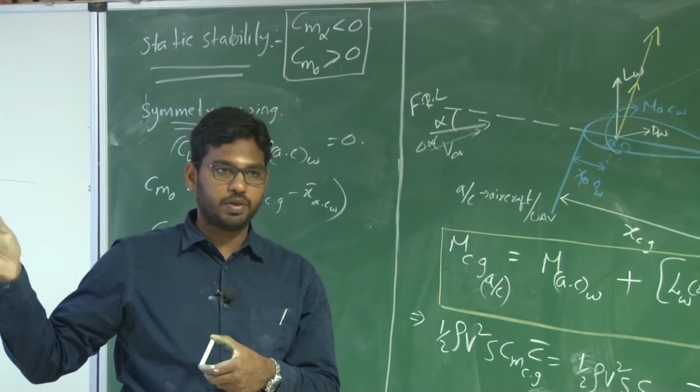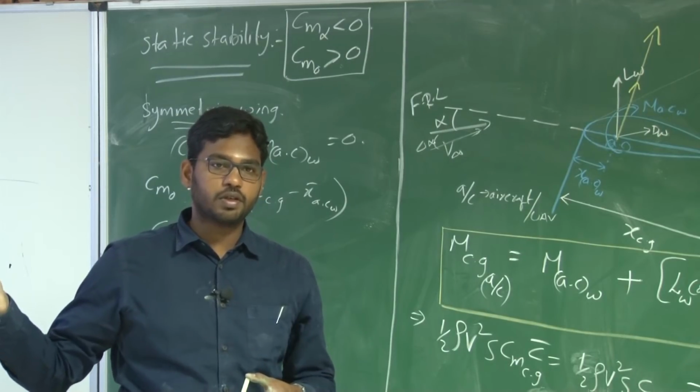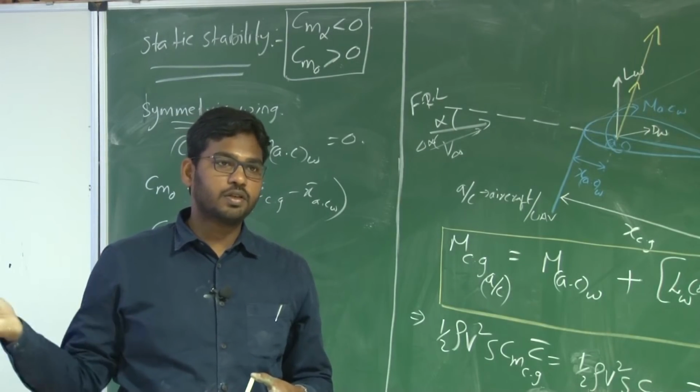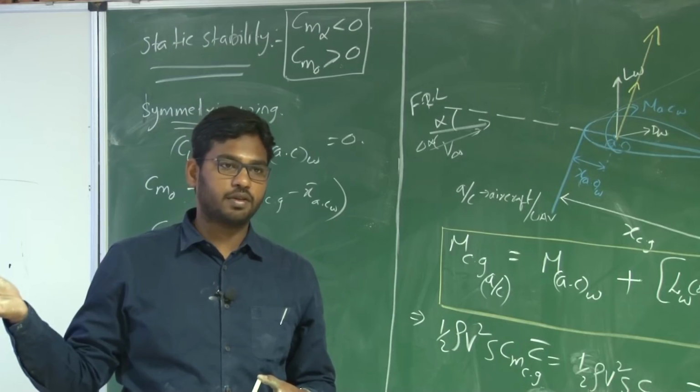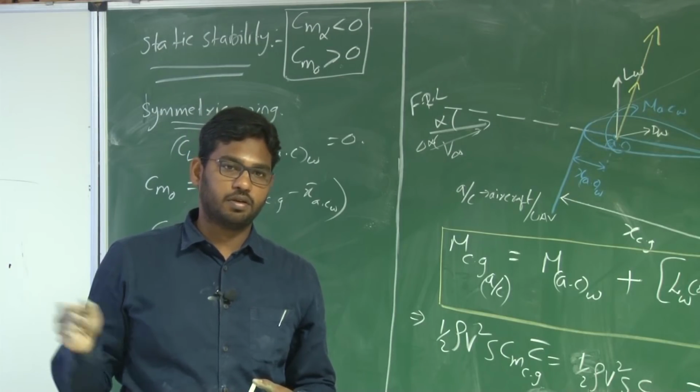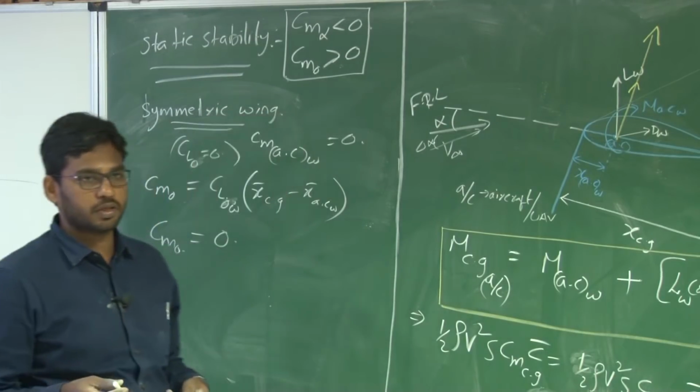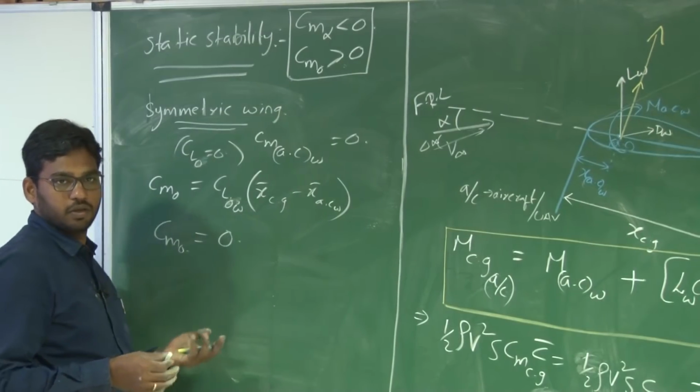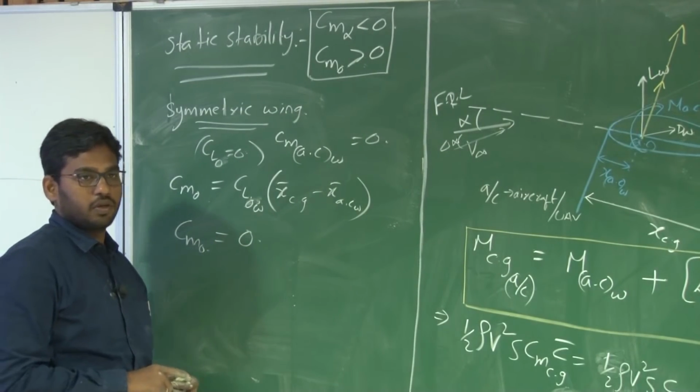If you are trimming the elevator at a particular deflection, that means you are giving constant deflection, right? That means increasing the drag there, induced drag at the tail, right? So the overall drag is also increasing. That's a penalty that you need to pay if you are going for a symmetric airfoil.